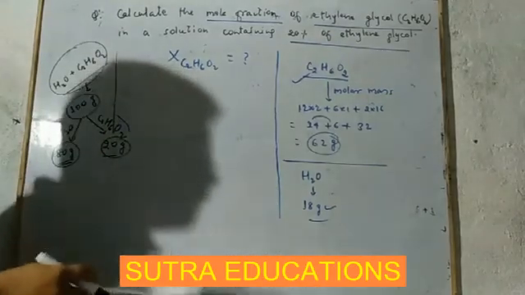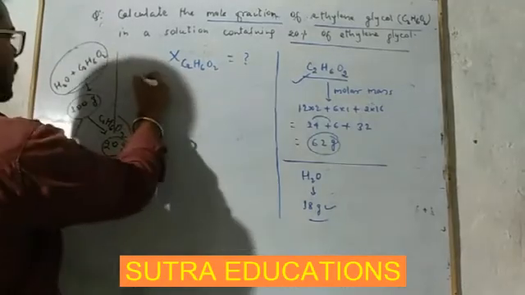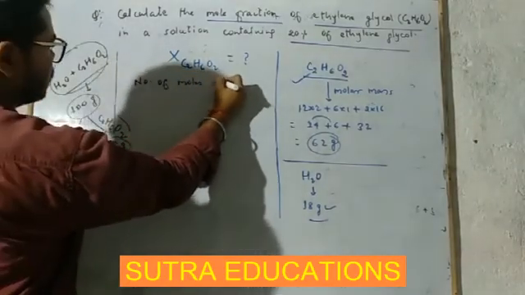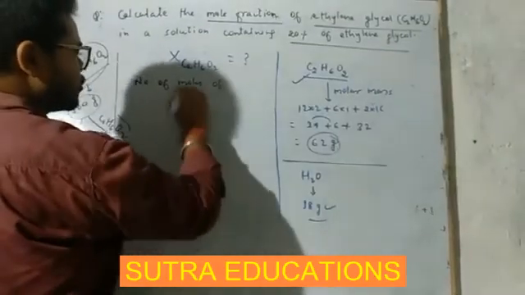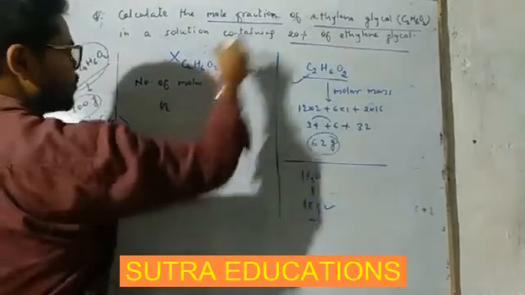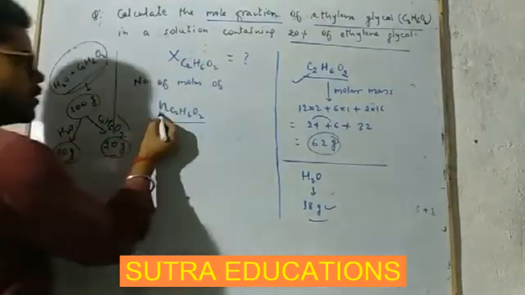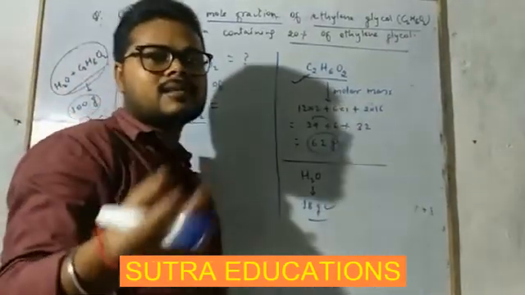Now we can calculate number of moles. So right here, number of moles of ethylene glycol, I am writing simply here N C2H6O2. It is number of moles of ethylene glycol, and we know mole is given mass upon molar mass.